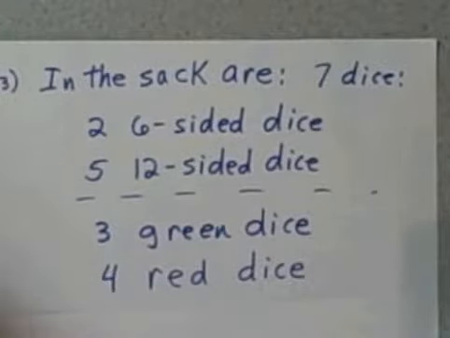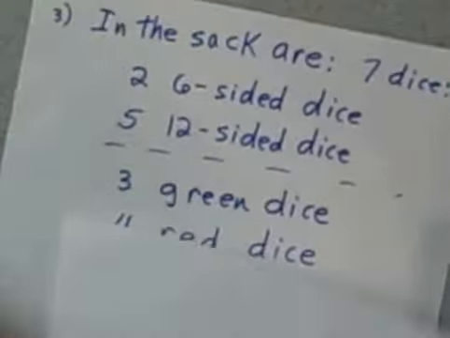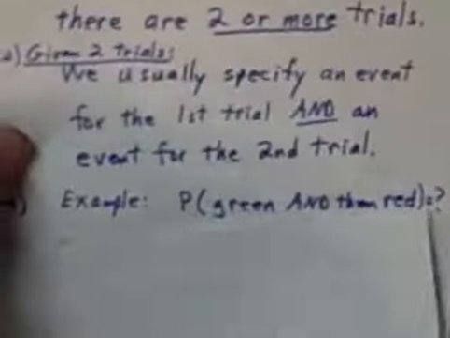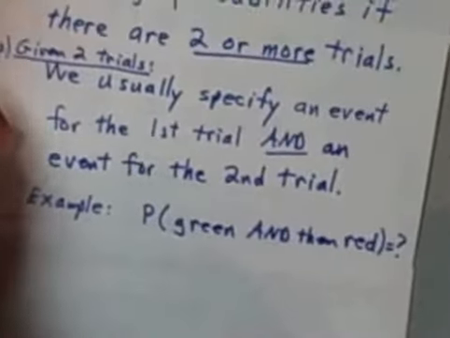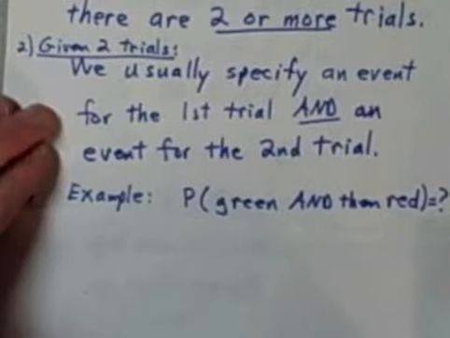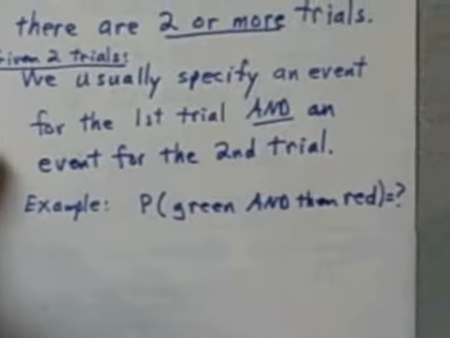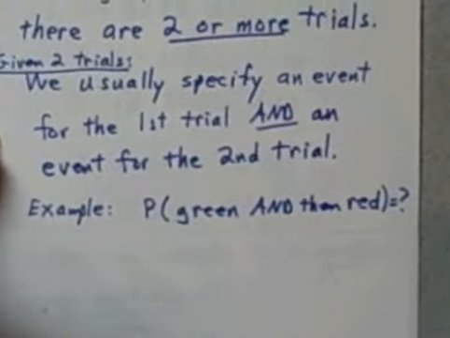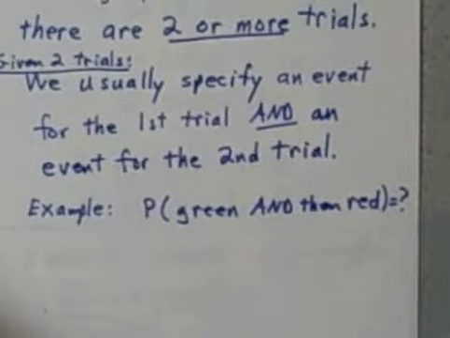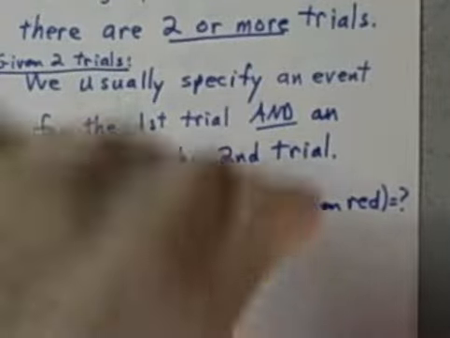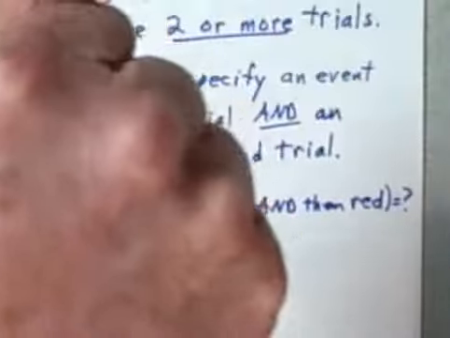Now, let's do an example. Say I would like to know what's the probability that I reach into the bag and pull out a green one and then pull out a red one. Okay, so let's do that. Let me reach in here in the bag and just randomly pick one and pull it out. I get this one right here.